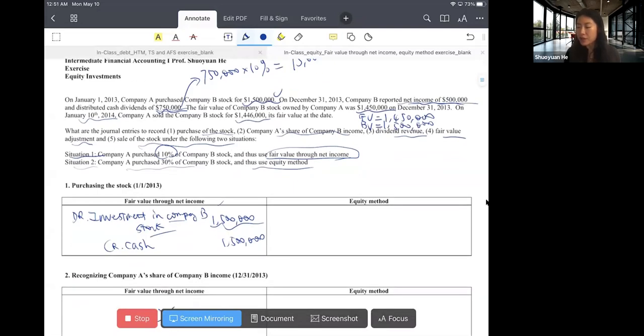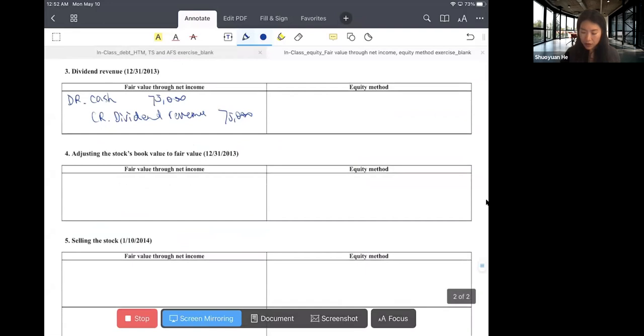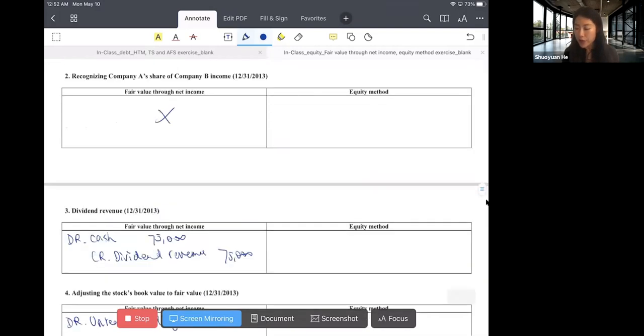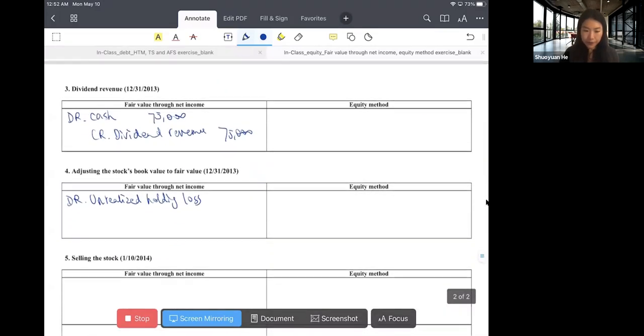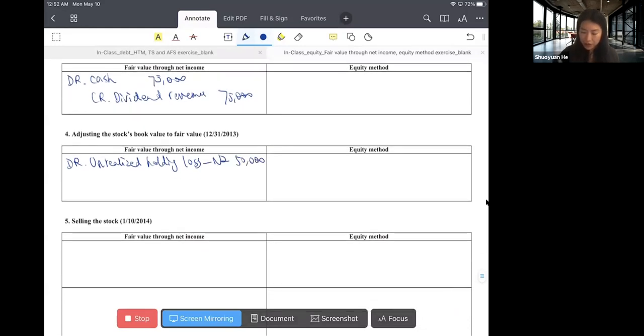Now fair value is smaller than the book value, which means we need to mark book value down to fair value. The difference here is 50,000. So we need to debit unrealized holding loss, a loss because book value is more than its fair value, which goes into net income for 50,000, and credit fair value adjustment for 50,000.